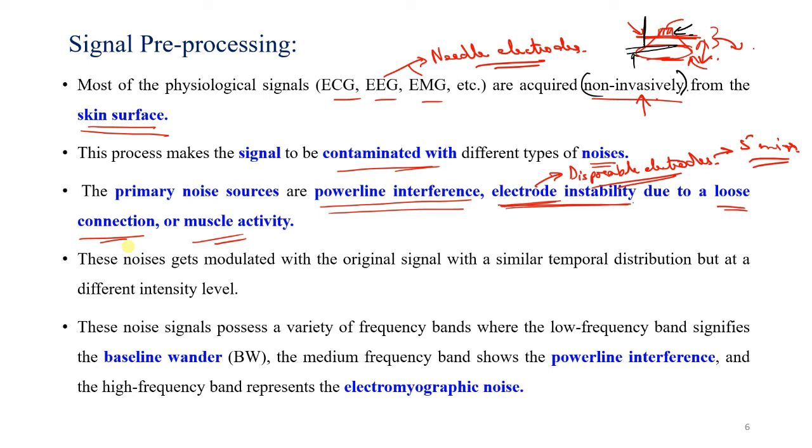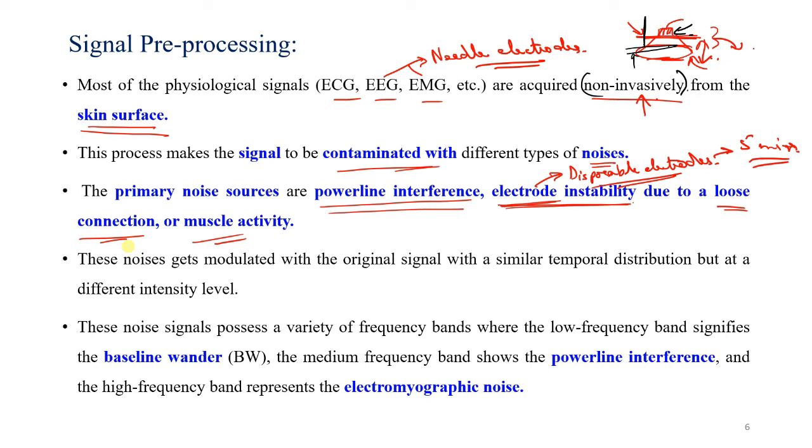Basically you are losing the signal component. The same thing happens over here also. When you are putting the electrodes or these wires onto the human body, and if there is a loose connection, there will be intermittent disconnection, and due to those intermittent disconnections, there will be a loss of power to the signals, and that would also incorporate some noise into the signal.